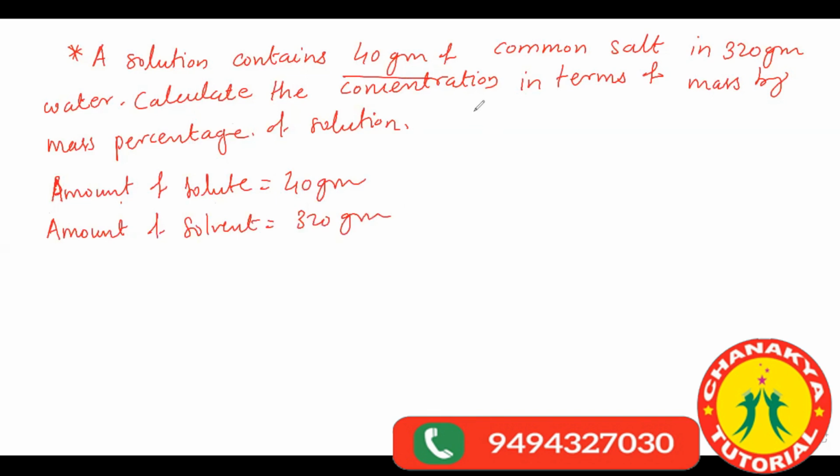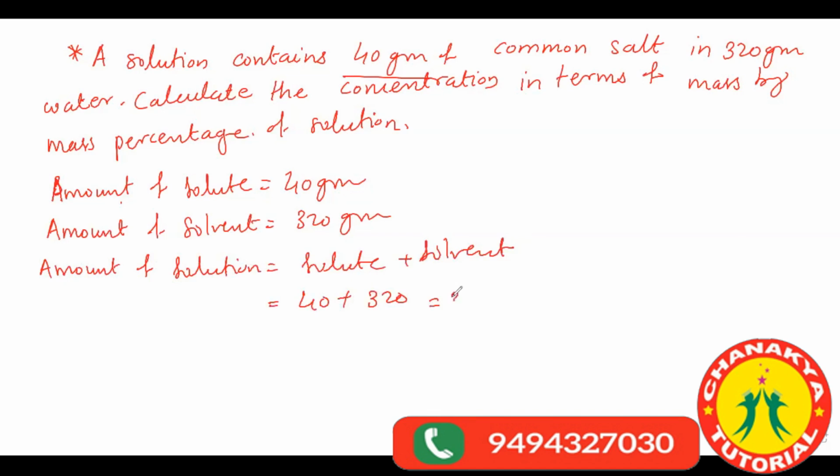So amount of solution is solute plus solvent, that is 40 plus 320, which is 360 grams. Both quantities are in grams, so there is no need to convert anything from volume to grams.